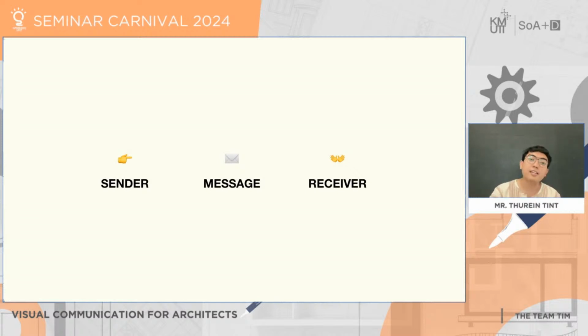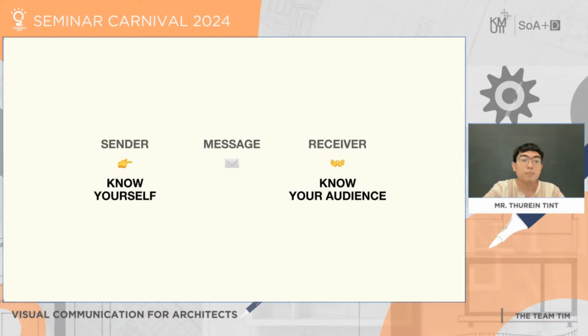So in your case, as architects, you're going to be the sender who's going to be talking about your work. Your work is going to be the message, and then there's going to be a receiver who might be your client, who might be your professor, who might be your peers. So the question here is, how do you craft a compelling, concise, and clear message for anyone to perceive?